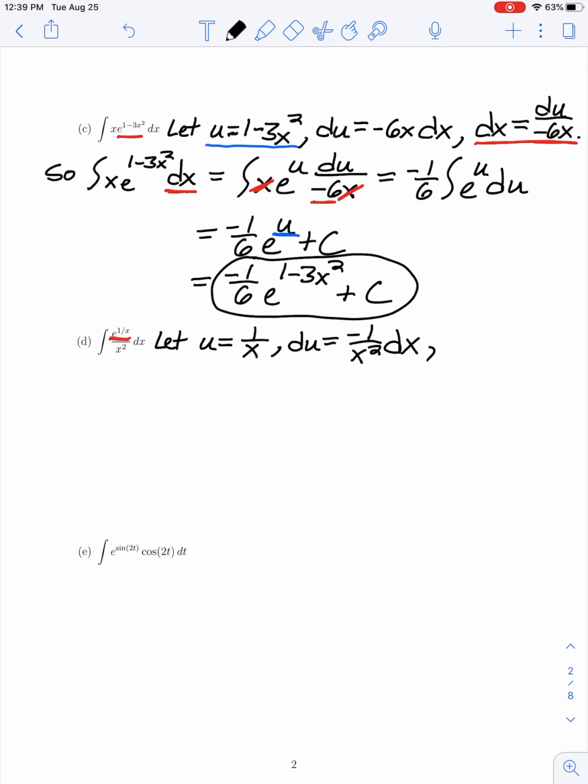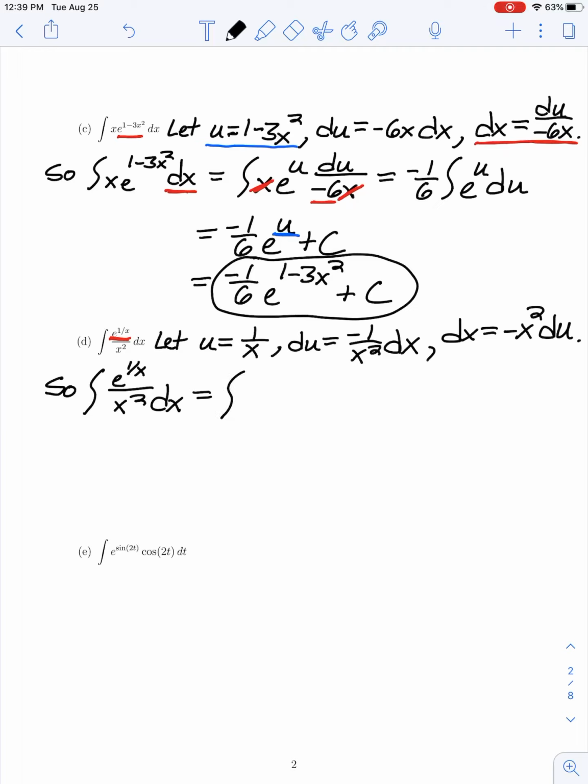And as with all of our previous examples, we need to solve for dx. So here, to solve for dx, I could multiply both sides by a negative x squared. So I have negative x squared times du is equal to dx. So now let's rewrite our given integral, which was e to the 1 over x squared dx in terms of u.